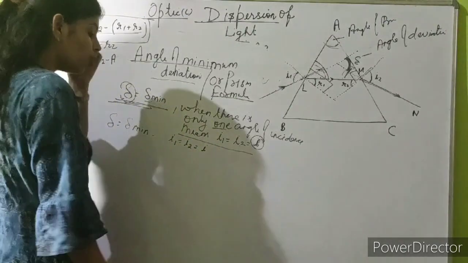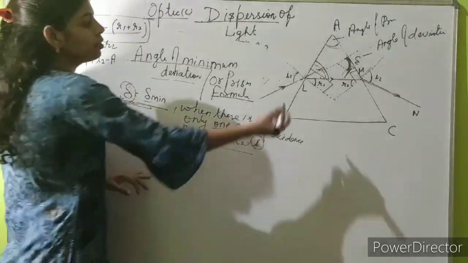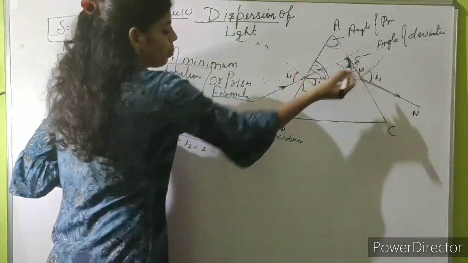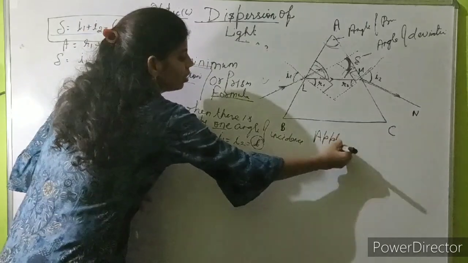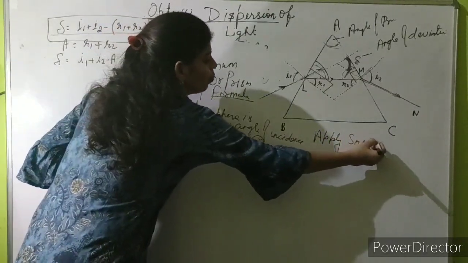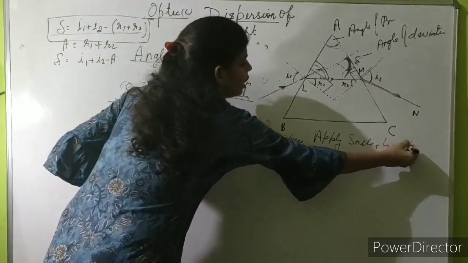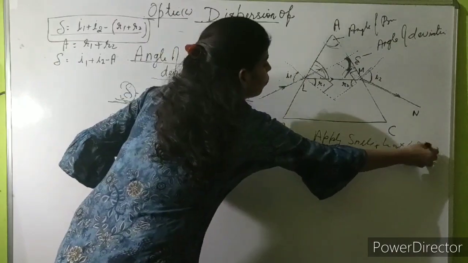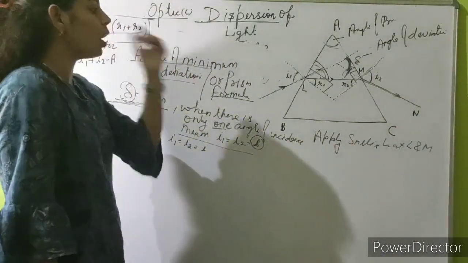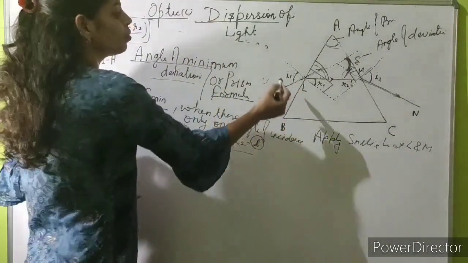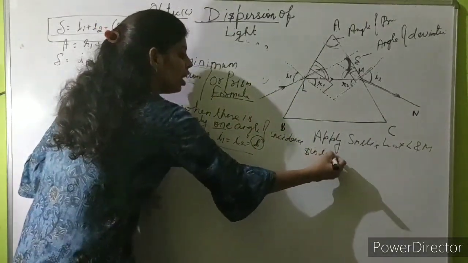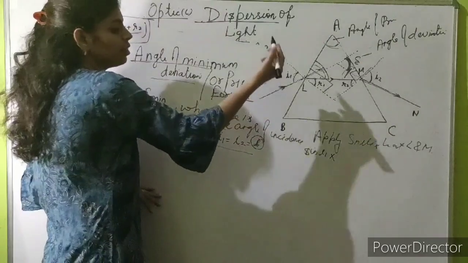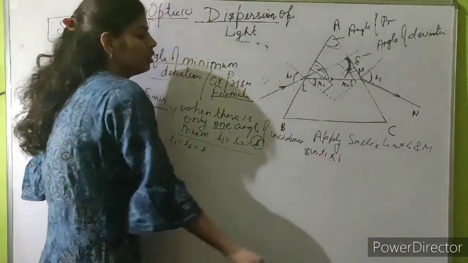Okay. Now we will apply Snell's law at L and M. Simply apply Snell's law at L and M. When we apply Snell's law at L, we will get sine of I1 into refractive index, rarer है तो we can write 1.